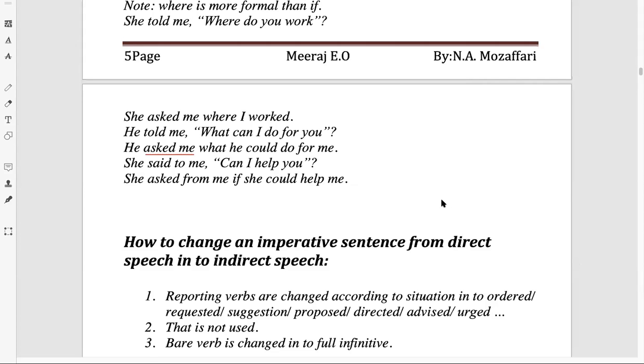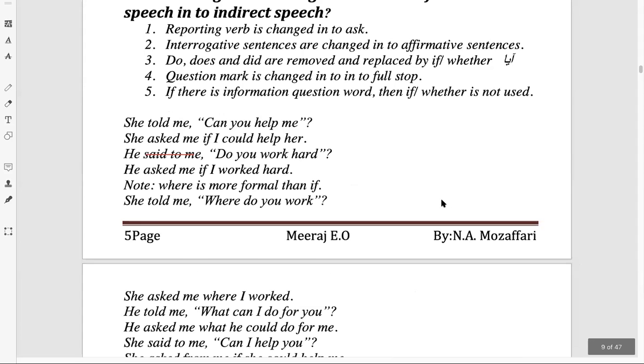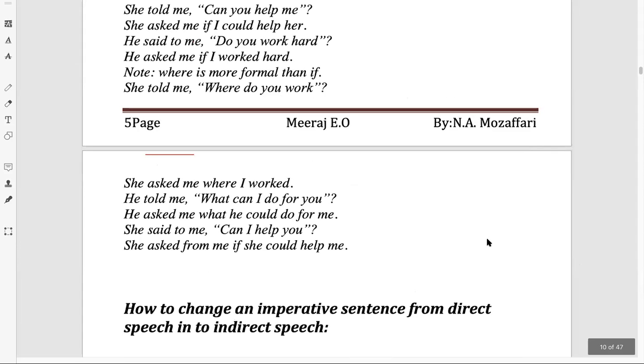Okay, so let me practice some more examples here. You could probably have some questions. Yeah. So change these sentences to indirect speech.